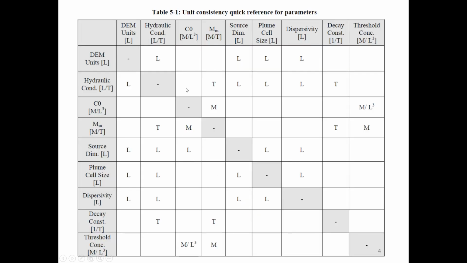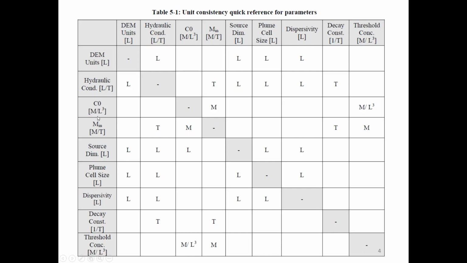In the user manual, we have a table like this as a quick reference to help you determine units. Here, say I use meter as my unit L. Then I have to use meter for hydraulic conductivity, source dimension, plume cell size, and dispersivity. This is for the unit of length.